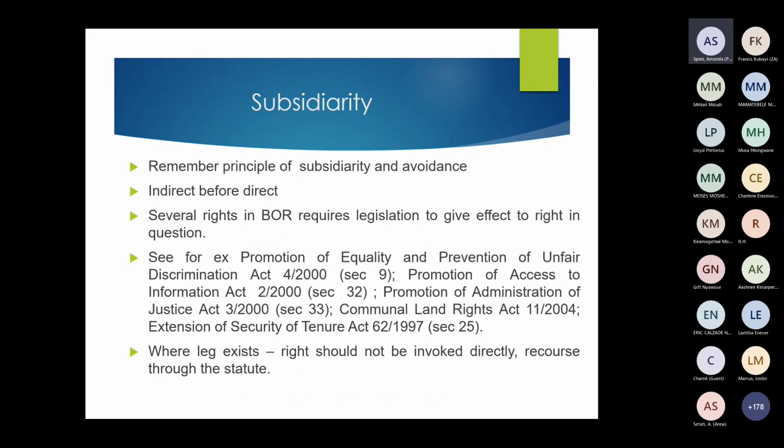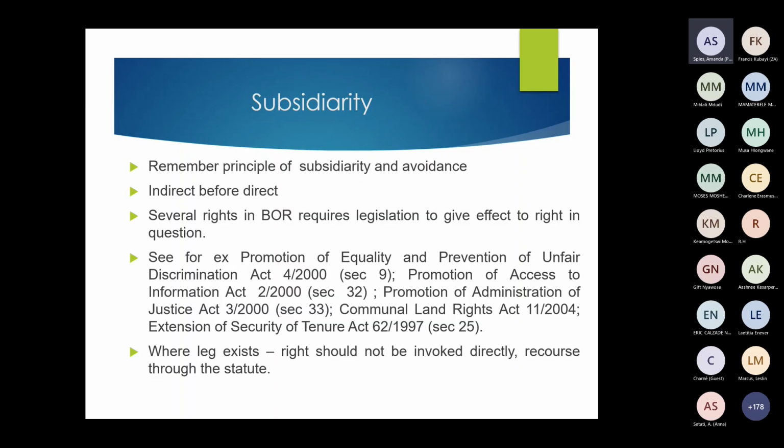Indirect application goes hand in hand with the principle of subsidiarity, or what we also know as the principle of avoidance. In terms of the principle of avoidance or subsidiarity, it means that we always prefer, firstly, the indirect application of the rights in the Constitution before we prefer a direct application.